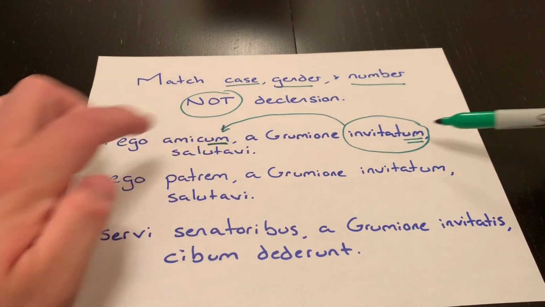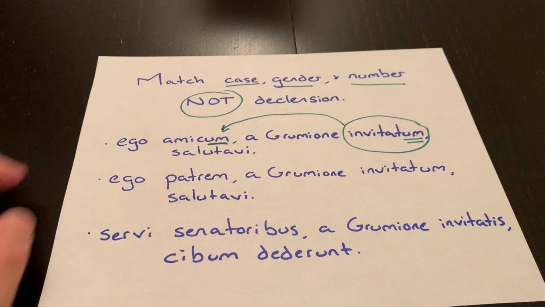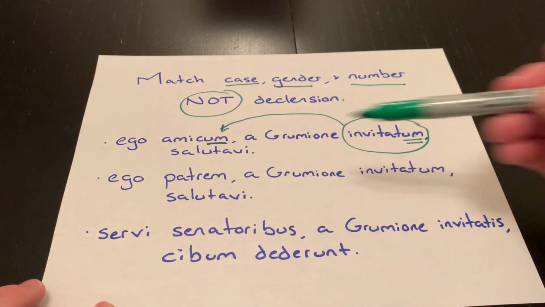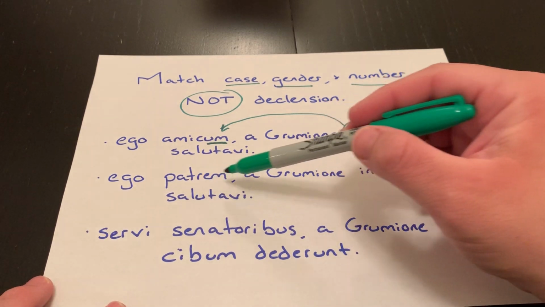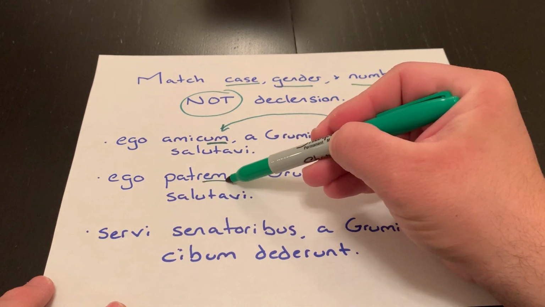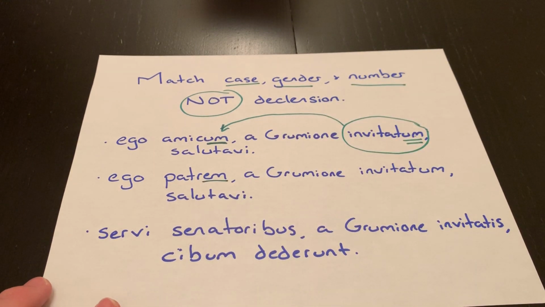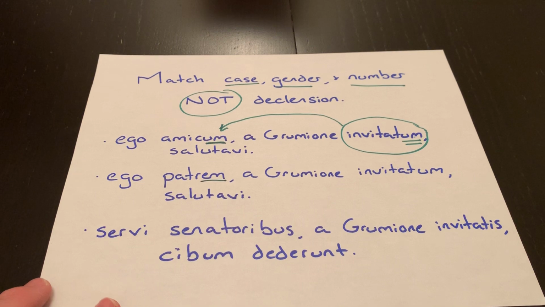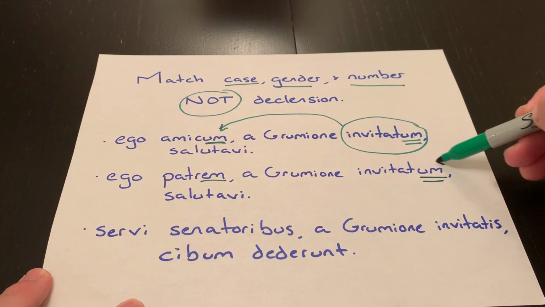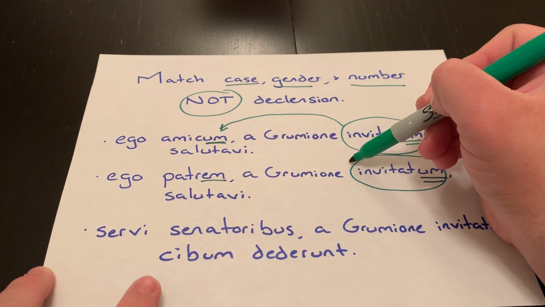And these two happen to look alike because this is a second declension noun, but that doesn't have to be the case. We could put a third declension noun there and say ego patrem a Grumione invitatum salutavi. So patrem is our antecedent. It's masculine accusative singular. So we use that same masculine accusative singular ending on our participle to describe the father.